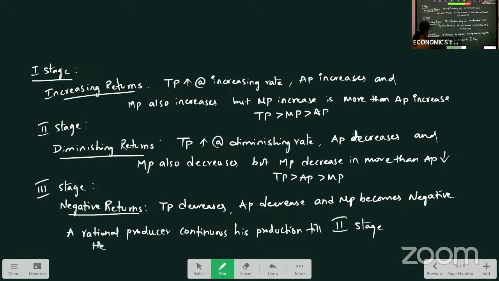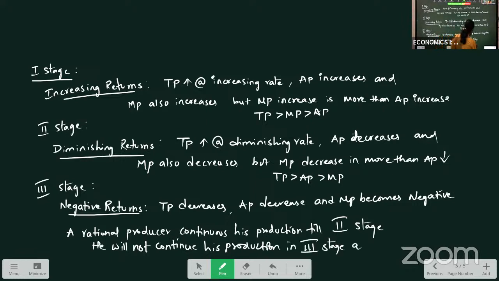A rational producer will not continue his production in the third stage as he gets negative returns. So this will be your conclusion for the law, your explanation for the law.